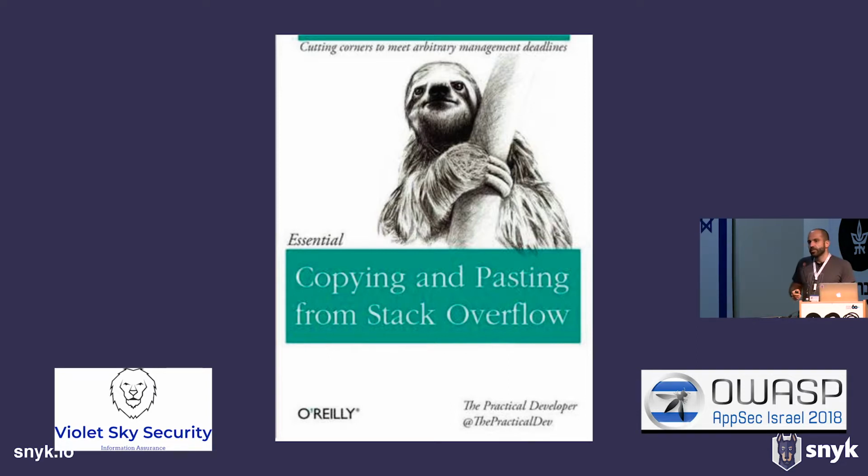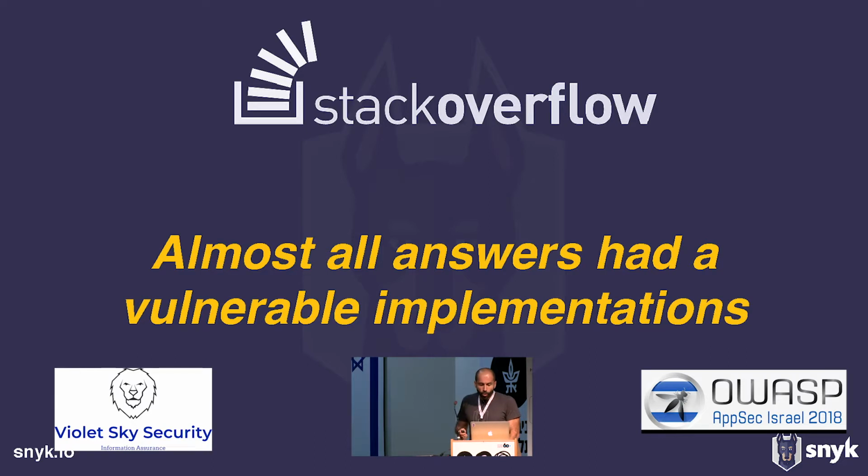But copy-pasting code without understanding the issue, without understanding the code itself, is obviously a problem. So when we looked at the different questions and answers on Stack Overflow asking about zip file extractions or any kind of extraction, tar files, almost all except one answer had vulnerable implementations.